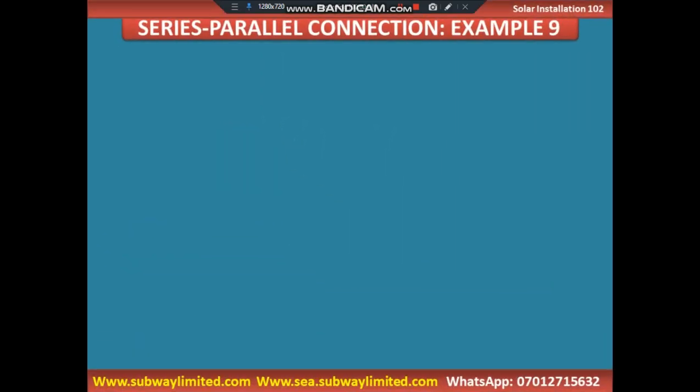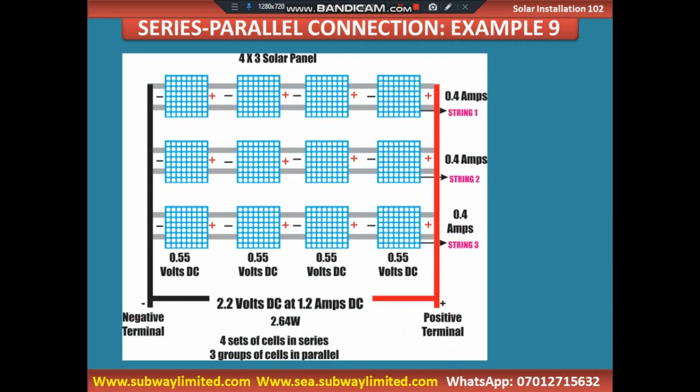Welcome to this module, example 9 of our series parallel connection. We are having a 4 by 3 configuration here, a 4 by 3. That means we are having 4 solar panels connected in series, and we are having 3 series connected in parallel.